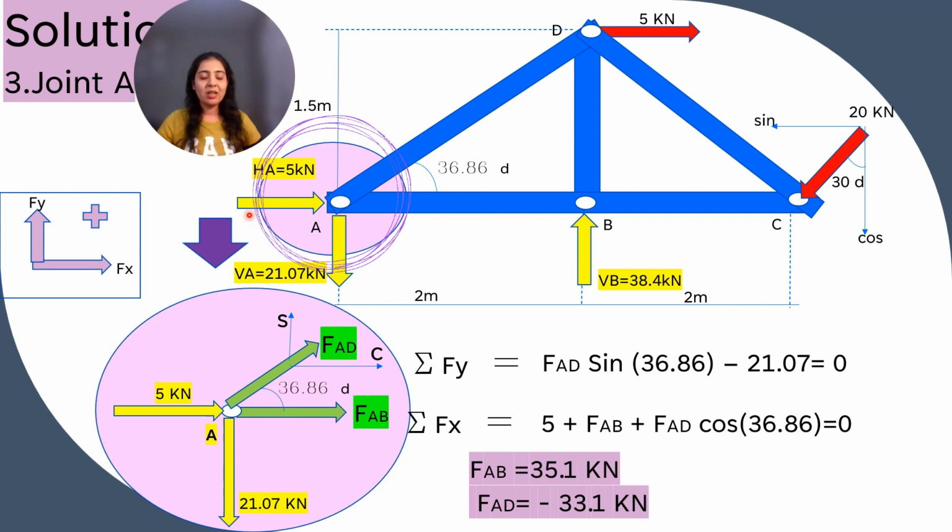The horizontal force of 5 kilonewton is shown here. The downward force of 21.07 kilonewton is shown here. And for members AB and AD, tensile force is assumed, so I have shown it in green color, FAB and FAD. Tensile forces mean forces acting away from the joint.